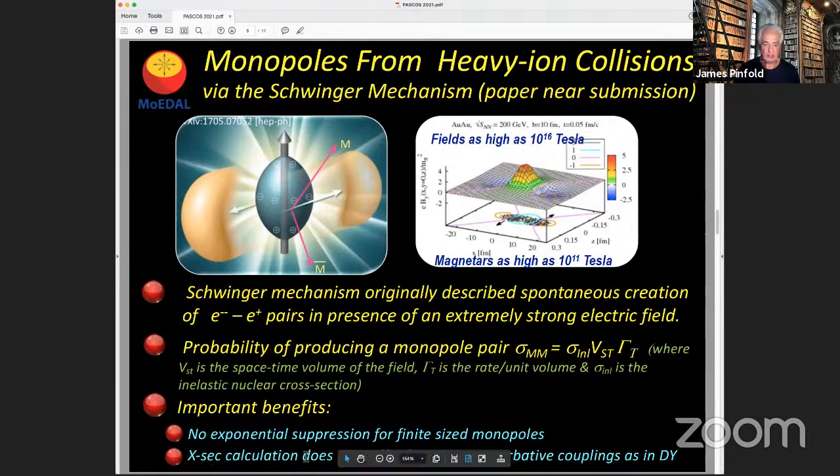Also the cross-section calculation for monopoles, Drell-Yan production, for example, which is a normal way of searching for monopoles, has a problem with non-perturbative couplings, which is not the case in this analysis. As I say, this paper is near submission, and we expect it to be out within a few months.